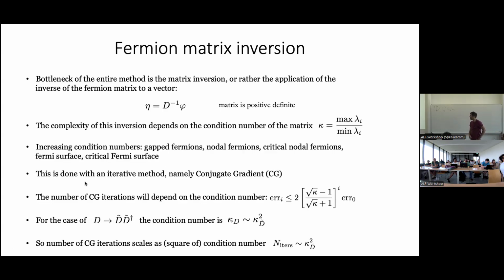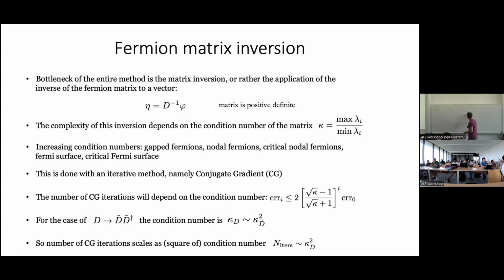So the key expensive operation that you keep doing over and over in this method is this matrix inversion. If you remember, in the action, the part of the action that gets modified looks like this.